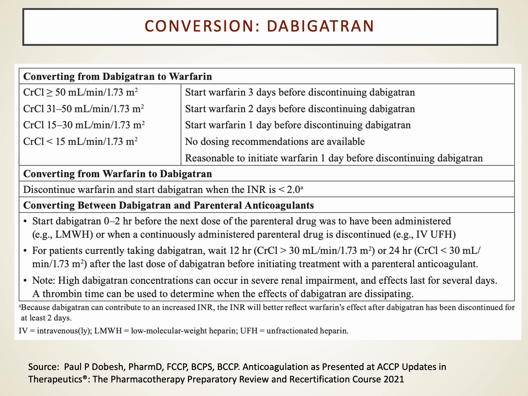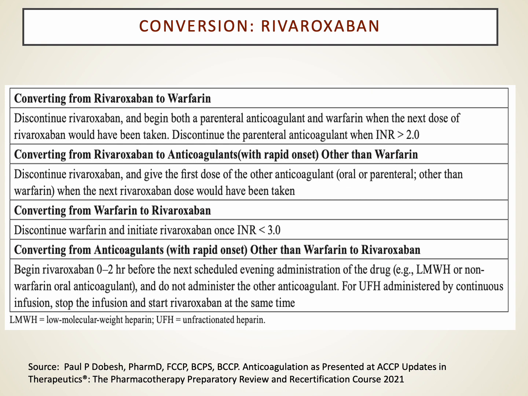So there are 4 sets of slides here. Don't get into the specifics of these, but just recognize that there's a lot of detail that you need to pay attention to in clinical practice when you're using these drugs and converting from one anticoagulant to another. And this is most often done in an acute care setting. So here's the table for dabigatran. Here's the conversion table for rivaroxaban.